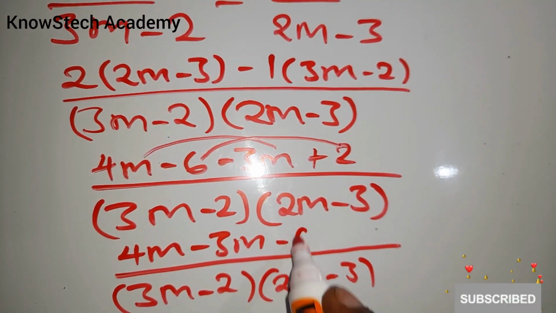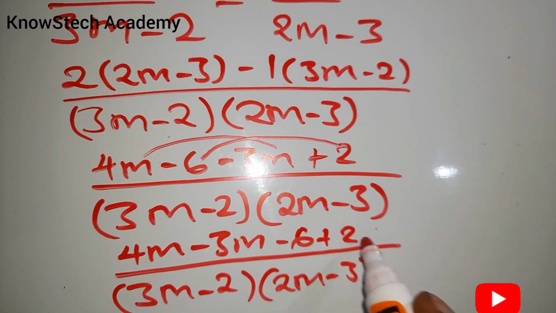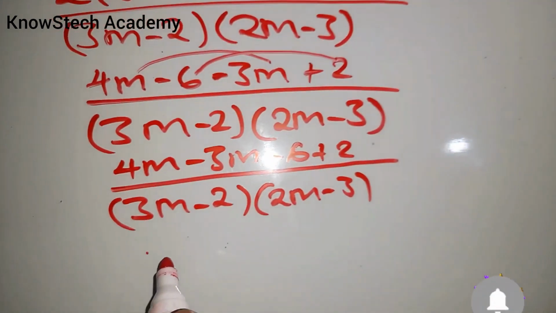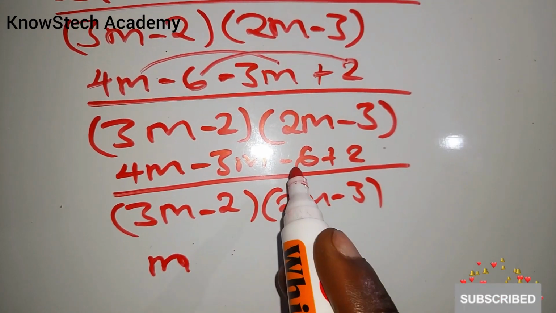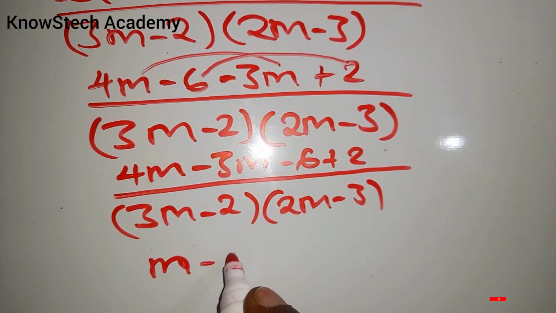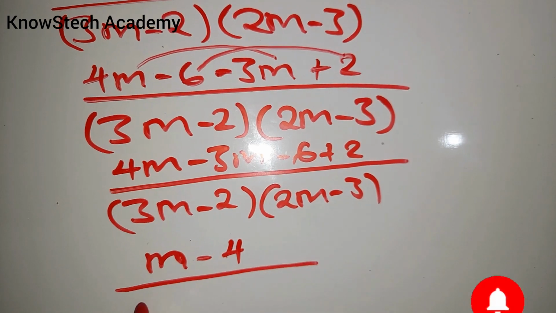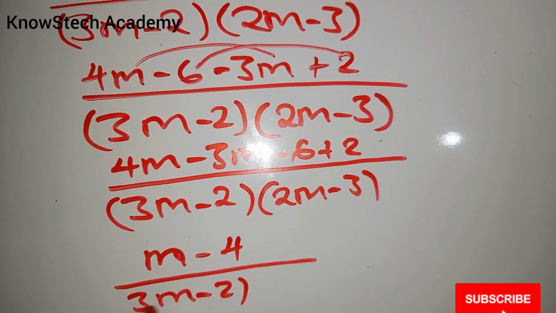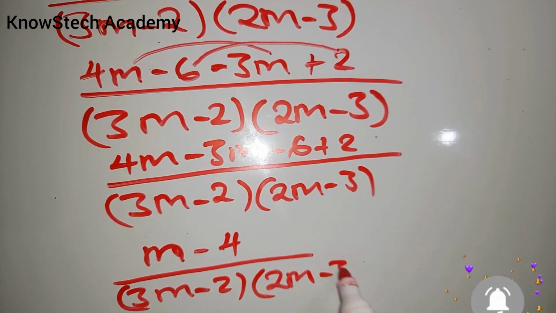Then negative 6 plus 2. 4 minus 3 is simply m. Negative 6 plus 2 is negative 4 over the denominators, which are 3m minus 2 and 2m minus 3.